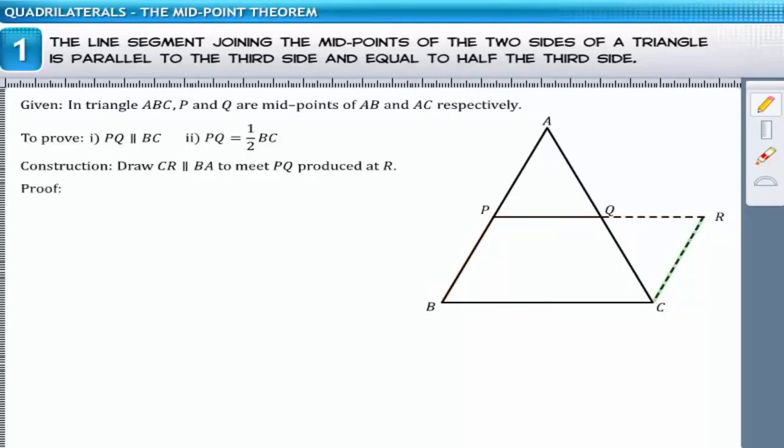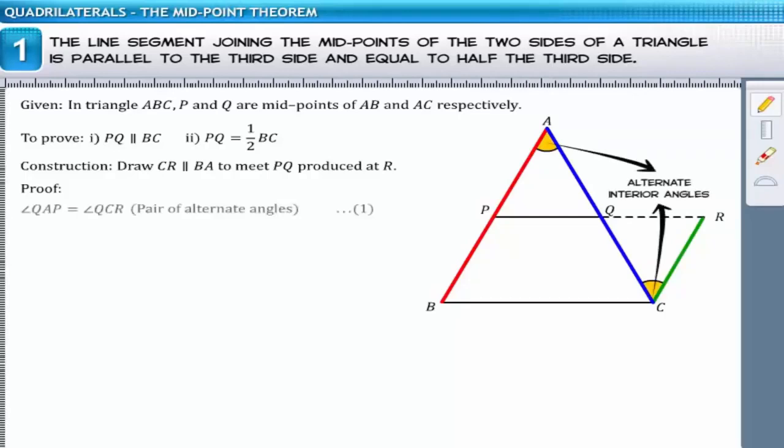By construction, we have drawn CR parallel to BA, and from the figure, AC acts as a transversal for them. This implies angle QAP is equal to angle QCR, as they form a pair of alternate interior angles. Denote this as equation 1. Also, AQ is equal to QC, since Q is the midpoint of side AC.